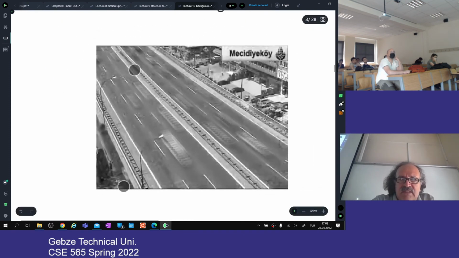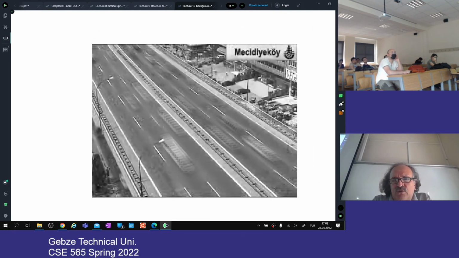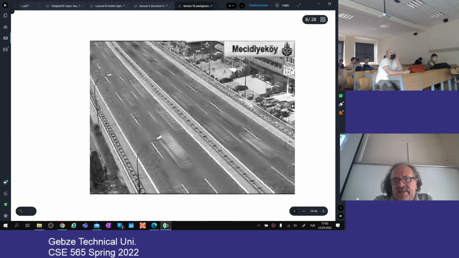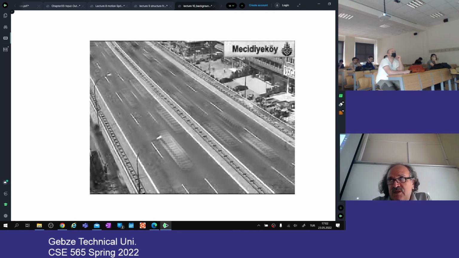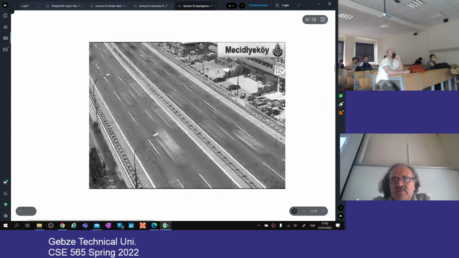So this is my background image, the average of 10 frames. You see that van is doing this. Maybe if I had taken the mean of 500 images, it would have worked, but that's how it works.